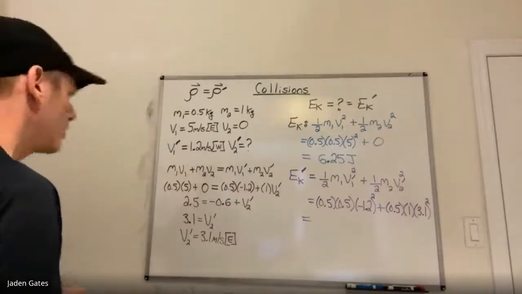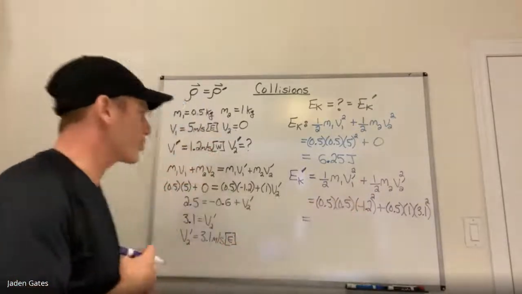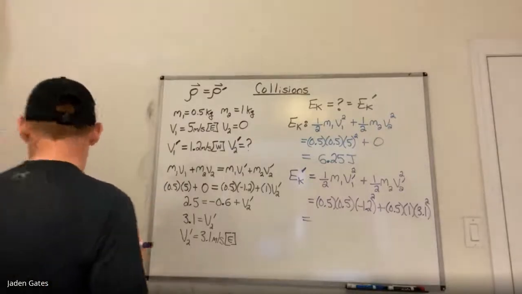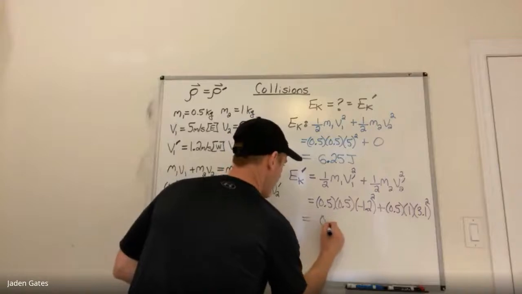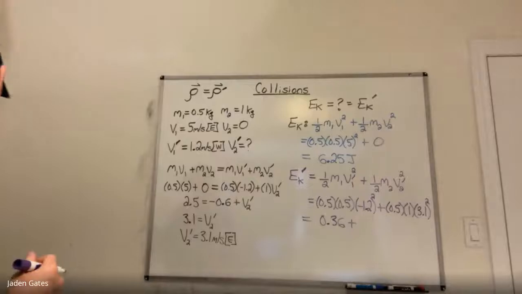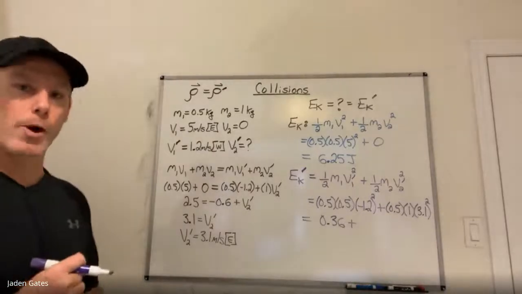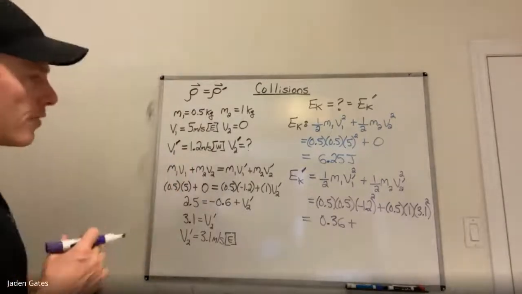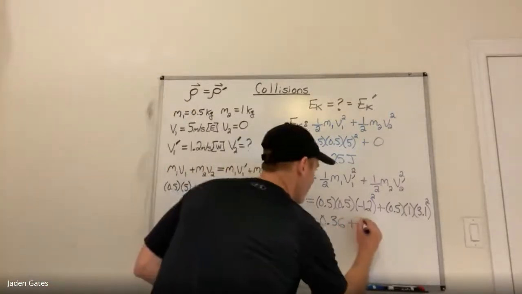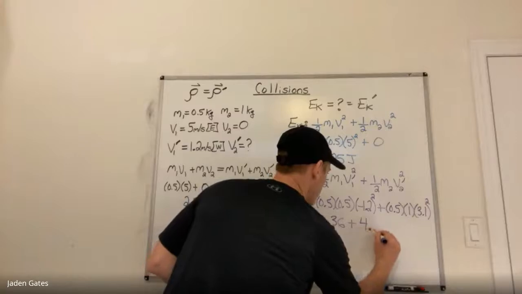So I take negative 1.2 squared times a half, and I end up with 0.36. Plus the other part, now I have to take 3.1 squared times 1, so that's not going to change anything, times a half, and I get 4.81.